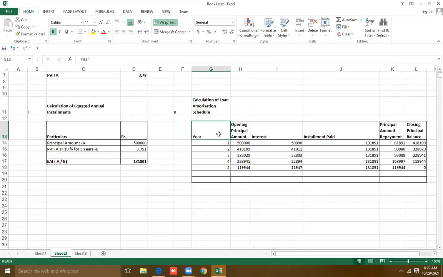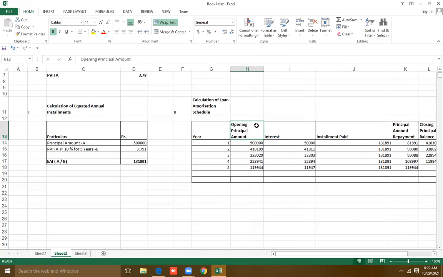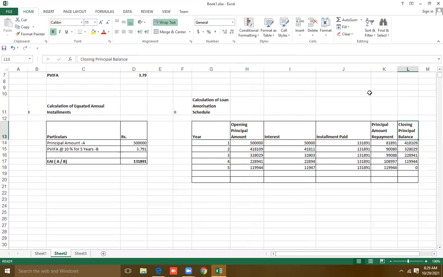For that you will have to prepare these 6 columns: year, opening principal amount, interest amount, installment paid, principal amount repayment, and closing principal balance.